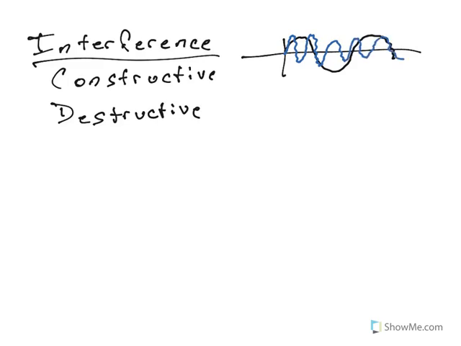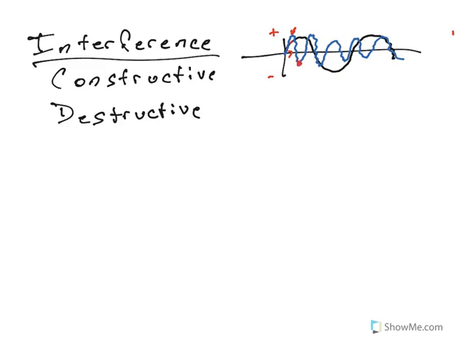Then, if we look at these points, let's say this point here. Notice the blue is on the positive side, and the black at the same x position is also on the positive side. So, when we go to add them, you'll be adding two positive things together. It gets bigger. That's constructive interference.